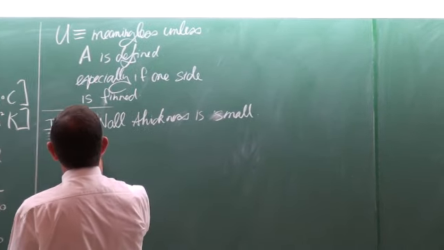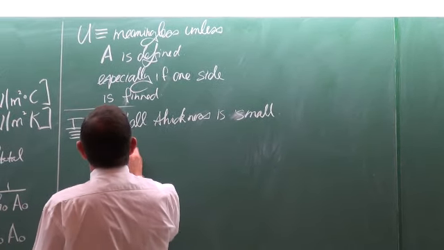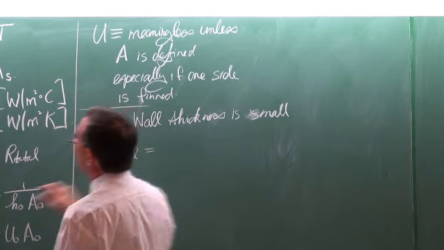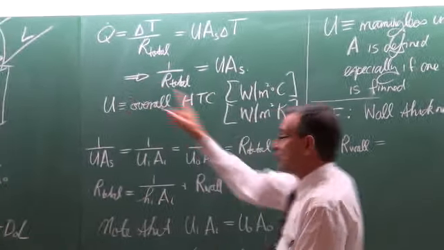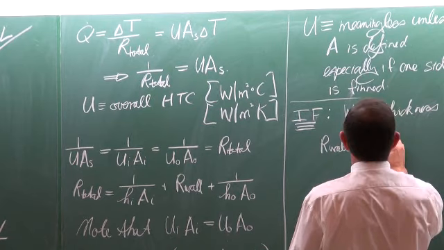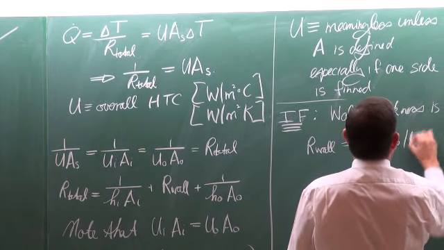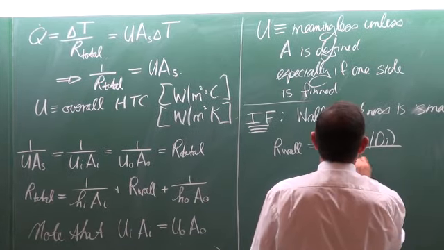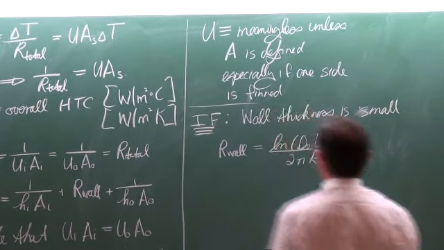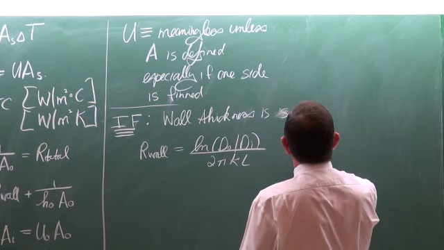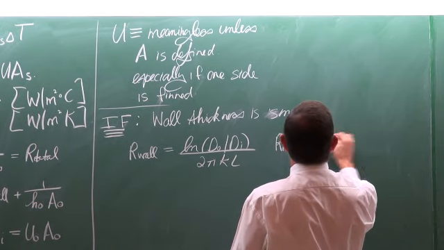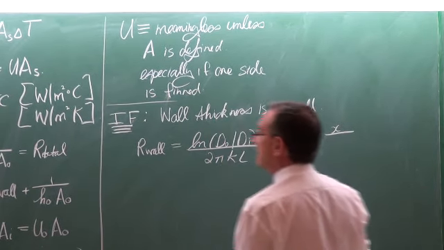If the wall thickness is small, for the first case where we have a tube, then the resistance of the wall would be the ln of the two diameters divided by 2 pi kL, or for a plain wall it will be equal to x divided by kA.